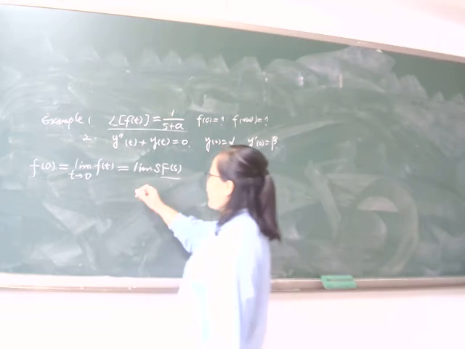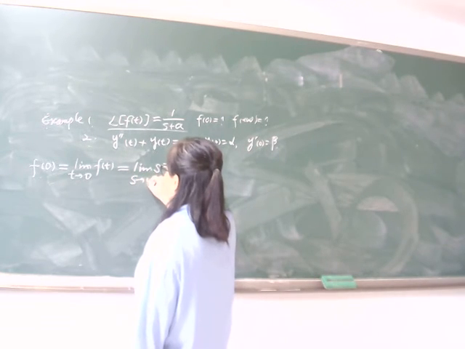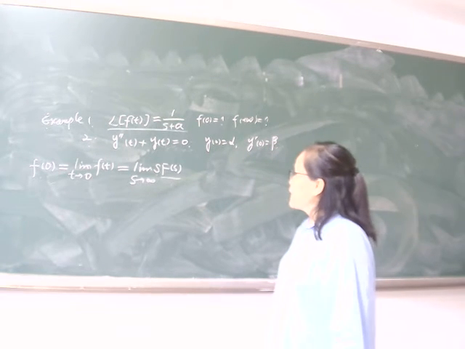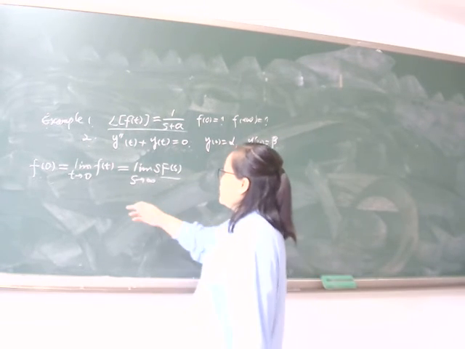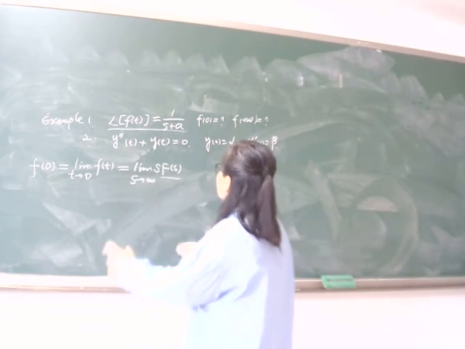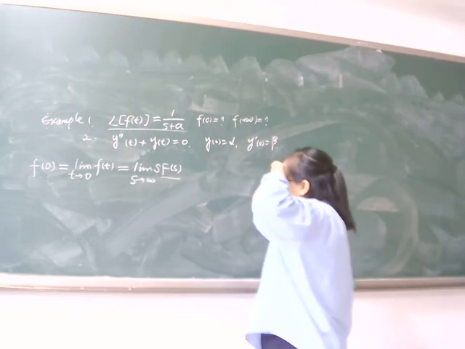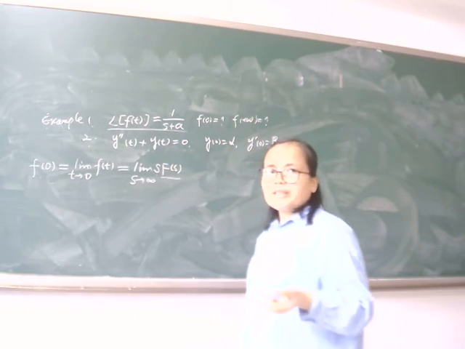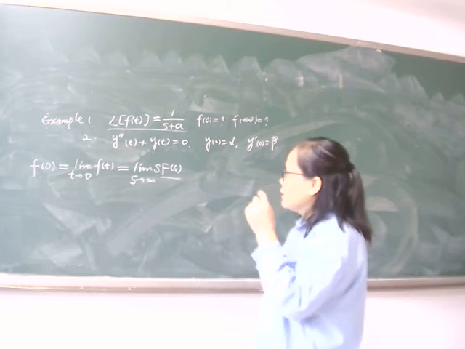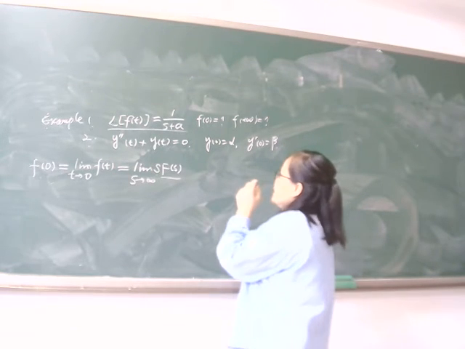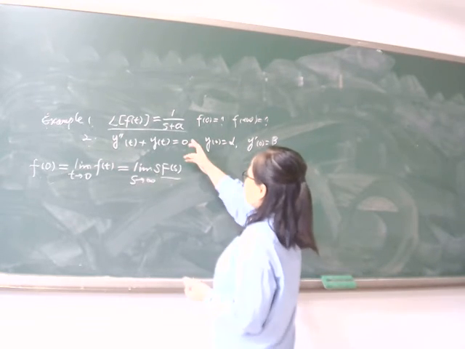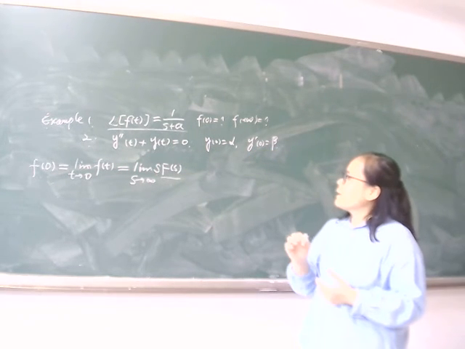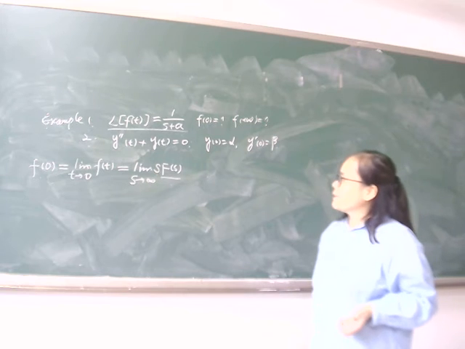Now s equals unity, then we compute this F(0). If F(0) is the limit of F(t) as t tends to 0, this condition tells us the Laplace transform of F(t) is 1 by s plus a.